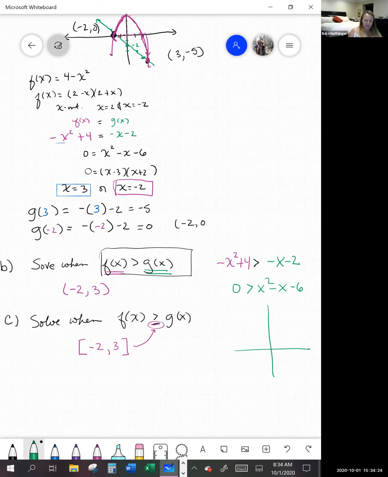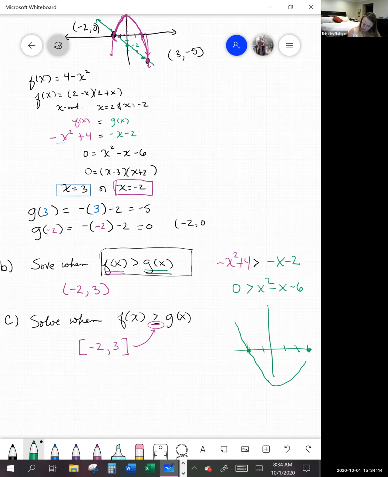This value, we just found the x-intercepts. This was +3 and -2. It's facing upwards because our a value is positive.